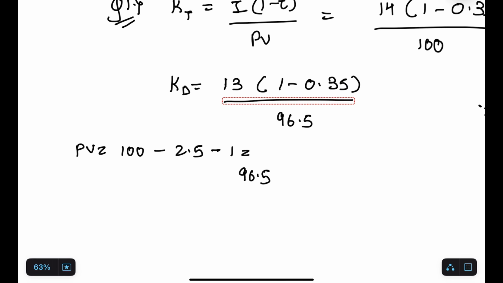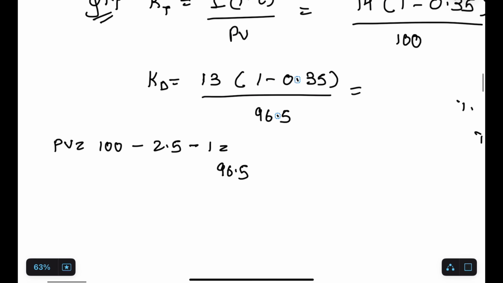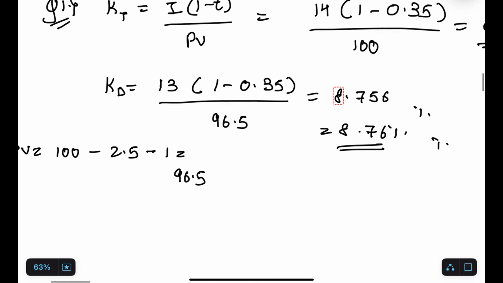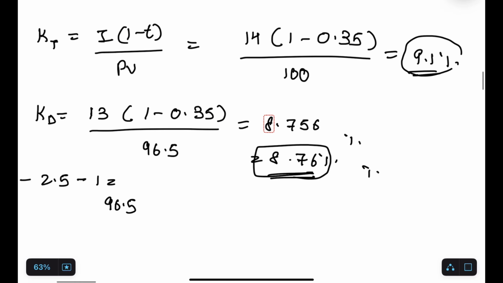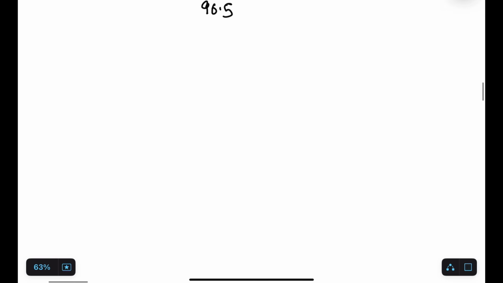So when I take this as 96.5, my cost of debt comes to around 8.756 something. So round it off to 8.76 percent. So this is my cost of debt in case of debenture, and this is my cost of debt in case of institutional term loan. So we should advise the company to go for debenture as it has a lower cost of capital.